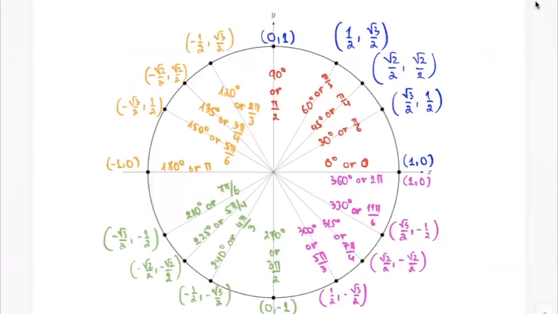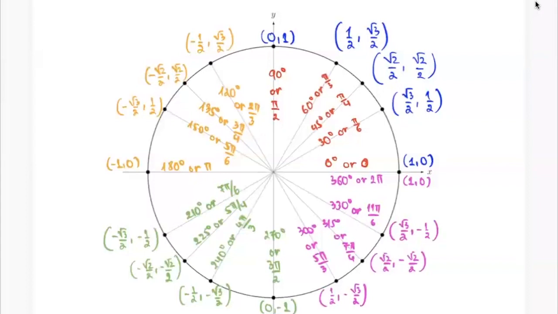Here's the unit circle. Again, the points that you see here consist of two components. The first component is the cosine of the angle, and the second component is the sine of the angle. So the equation we are looking at is sine of theta equal to 0.